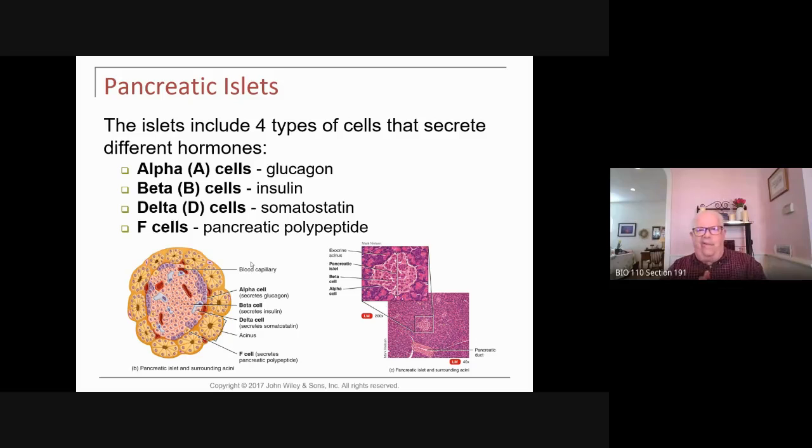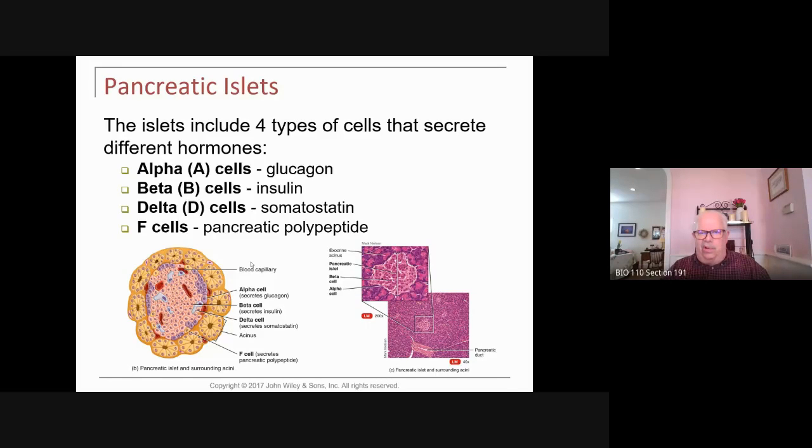The islets have 4 types of cells. I only want you to know alpha and beta. The other cells are unimportant. For this discussion, I want you to know that the alpha cells produce glucagon and the beta cells produce insulin.